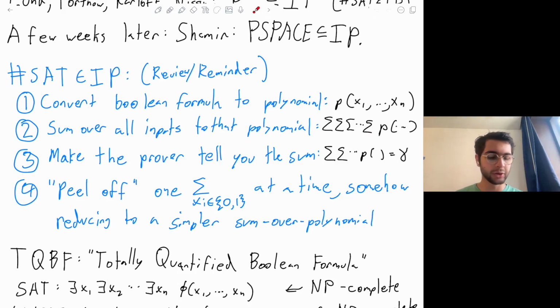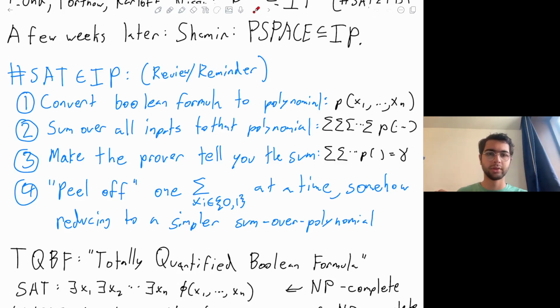And you make the prover tell you the whole sum. So you say, okay, I have this whole sum, and it's equal to some alpha. And then at each step, you peel off these sums, which are almost equivalent to these exists quantifiers, one at a time, reducing to a simpler polynomial.